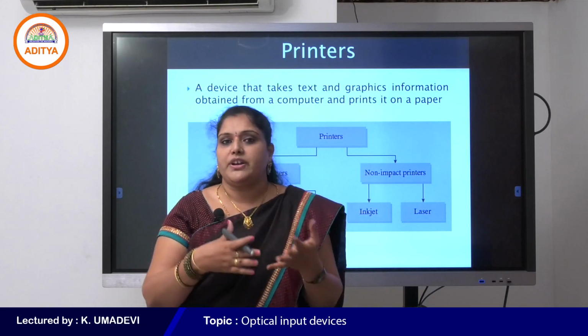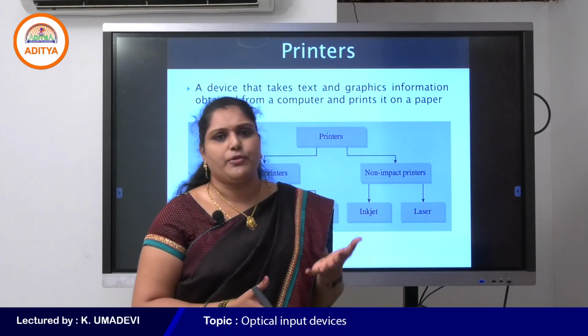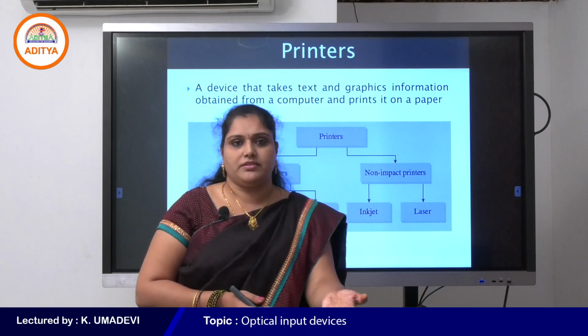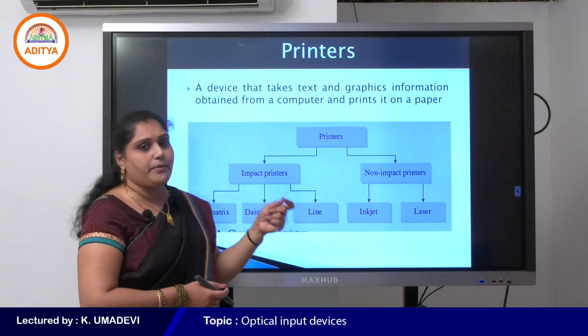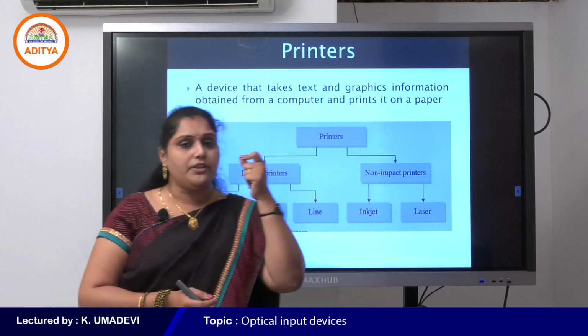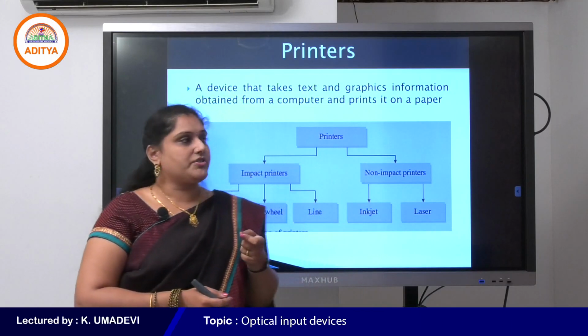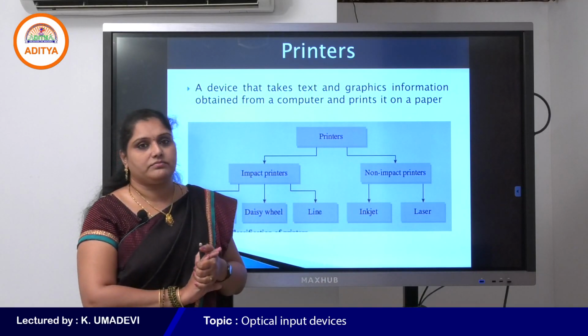We have many different types of paper like A4, legal, tabloid, etc. Based on a requirement we can print the particular information on the paper. So that is the advantage of a printer.